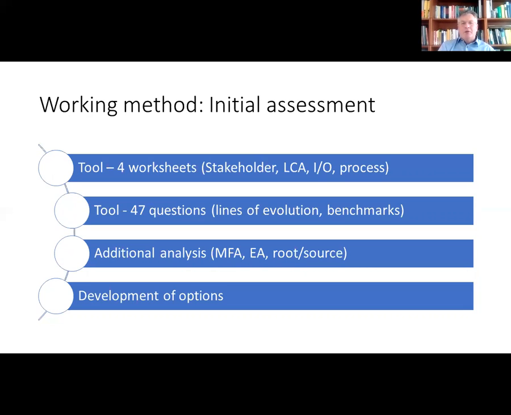The core part of the tools are 47 questions, which were formulated as lines of evolutions of organization or technology, supported by additional analysis like material flow analysis, energy analysis, root source analysis, leading to the identification of options to increase the resource efficiency of the participating companies.